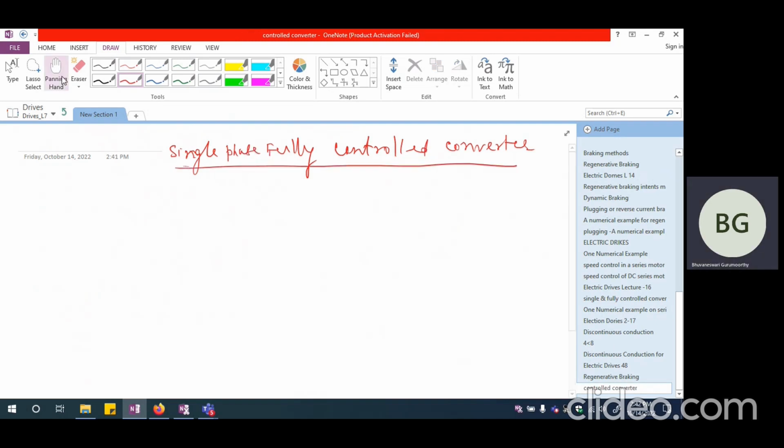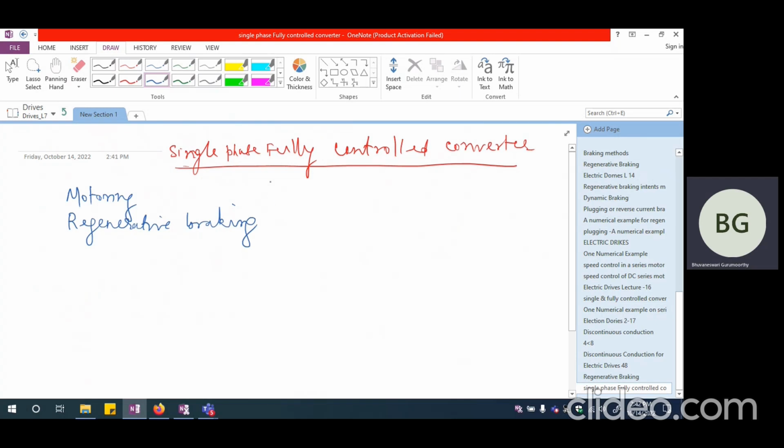It will be able to provide both motoring and regenerative braking.